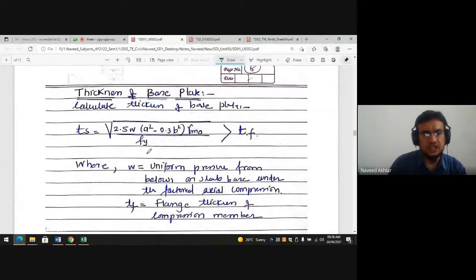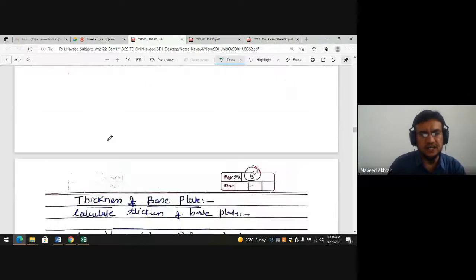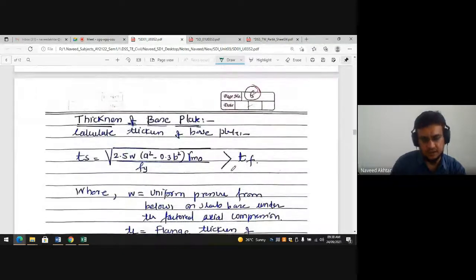Now the thickness of plate you can calculate because you know the larger projection. A is the larger projection, and B is the shorter or smaller projection.